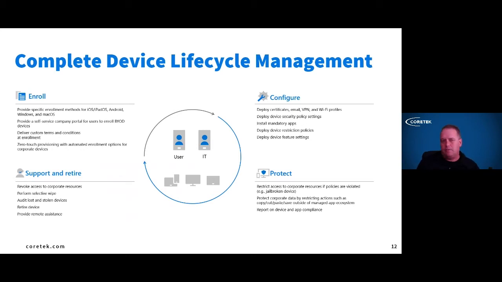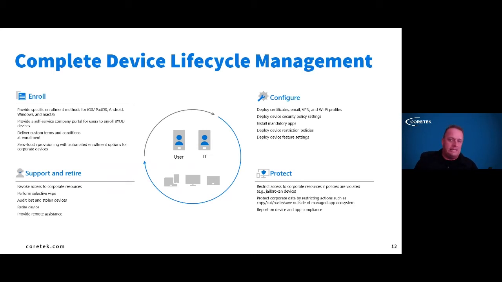But that tends to be where it falls off for a lot of organizations. And the simple fact is, we still need to be able to work with those devices. What happens when it's stolen? What happens when it's lost? What processes and procedures do we have to be able to either wipe the entire device or maybe wipe the data, depending? But we need to have these in place.